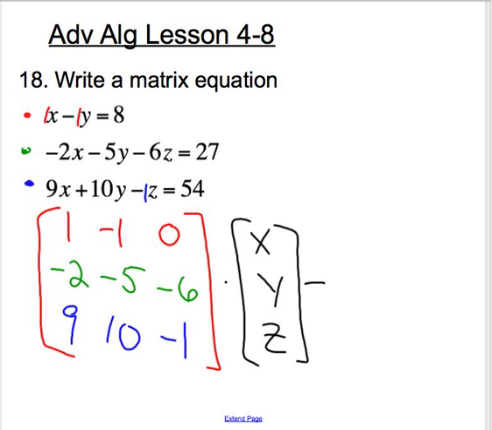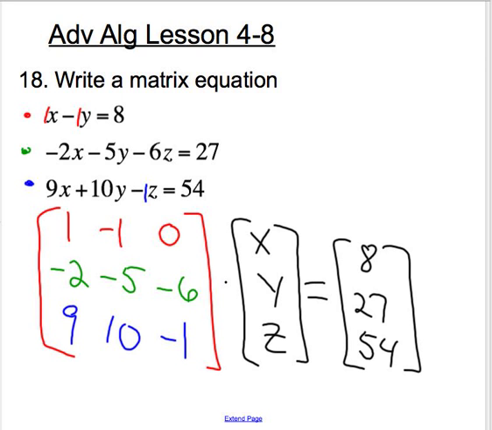As long as I remember, I need one more matrix that has all the answers in it. By the answers, I mean the 8, the 27, and the 54. If I were to multiply the 2 matrices on the left, they would equal the matrix on the right, which is what the equation is telling me.